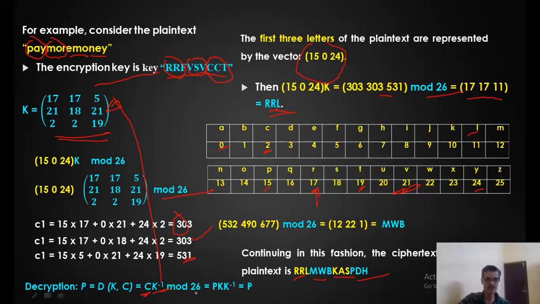So C into K inverse mod 26, where C is nothing but P into K. So C replaced by P into K, multiplied by K inverse, will give you P, because K into K inverse is the identity matrix. So P into 1 is P. That means my algorithm says if there is an inverse for the key matrix we have selected, we can get back the plain text.